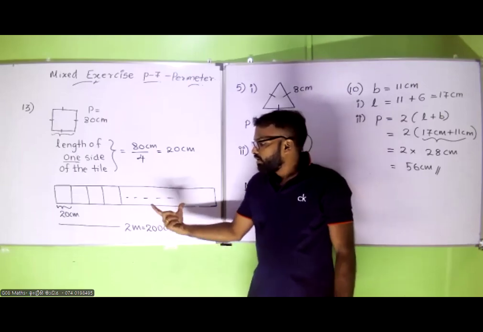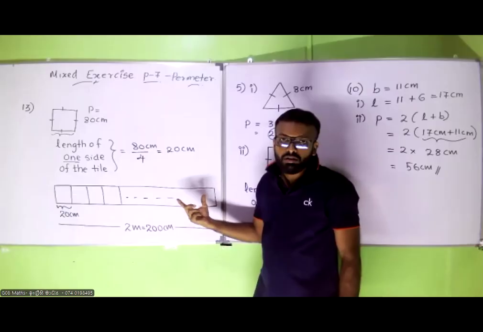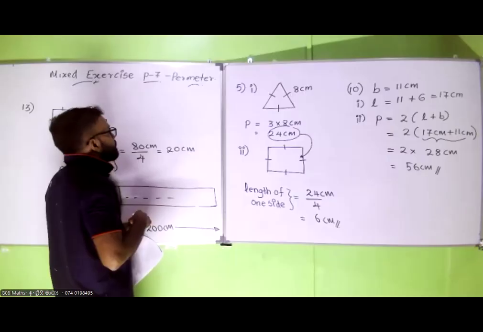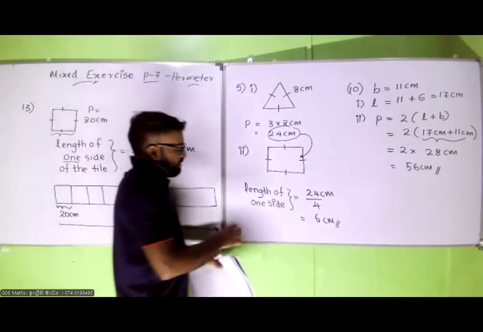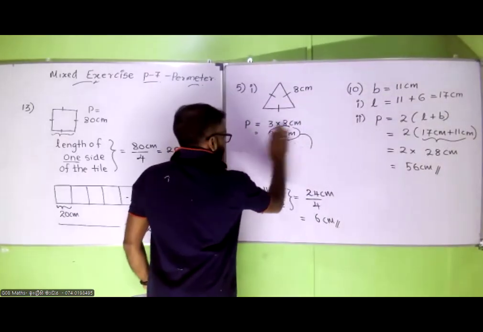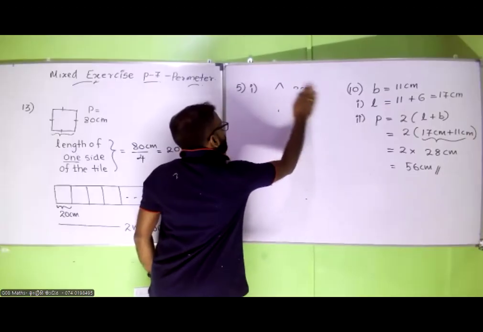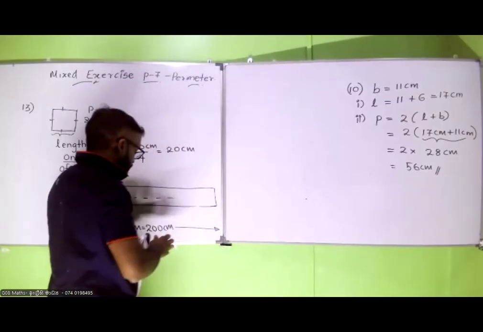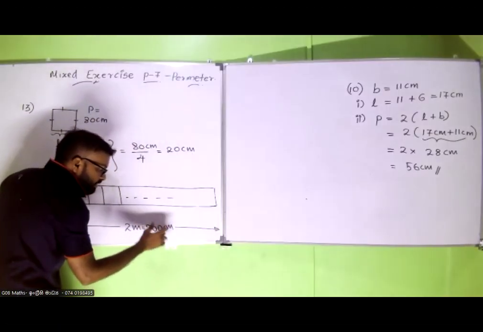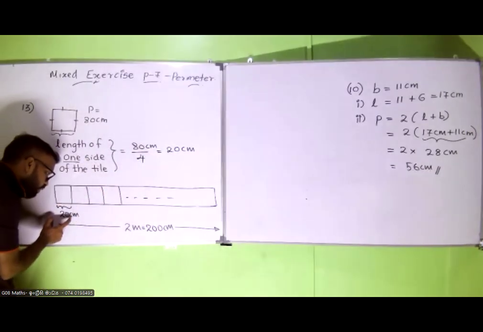Then you are going to find the number of tiles needed to fill this wall. How are we going to find that? Very easy. The whole length of this wall is 200 centimeters, and the length of one tile is 20 centimeters.